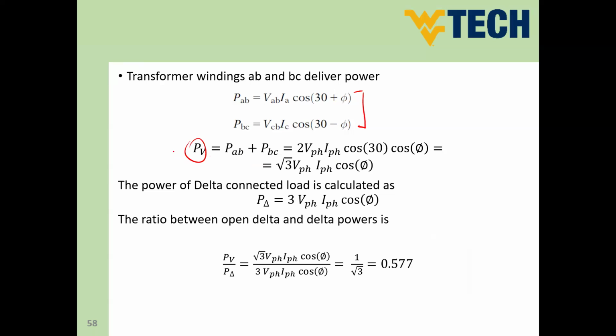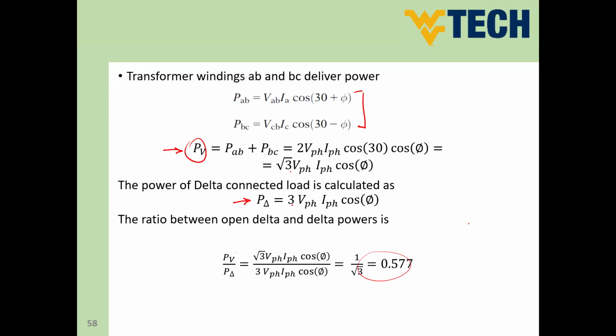If you compare this power to the regular three-phase power of the delta connection, you will find that there is a ratio of root 3. So if you divide P open delta by P delta, you would have 1 divided by root 3, which is almost 58%.